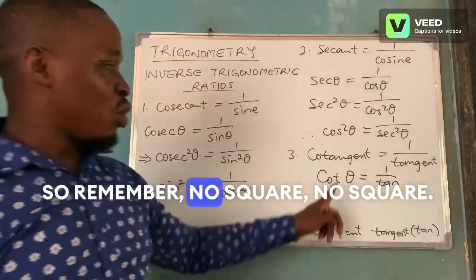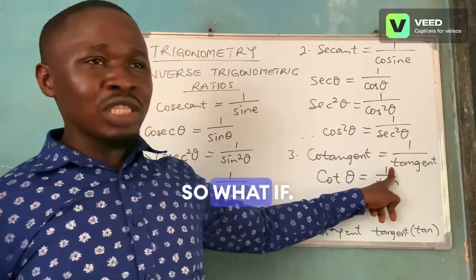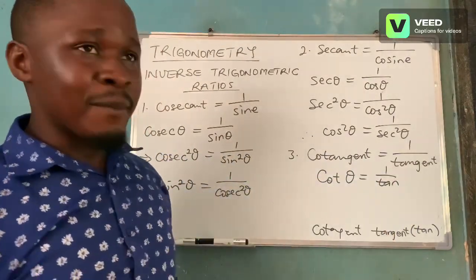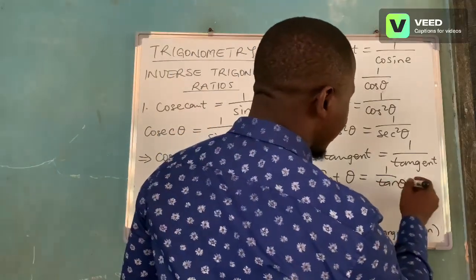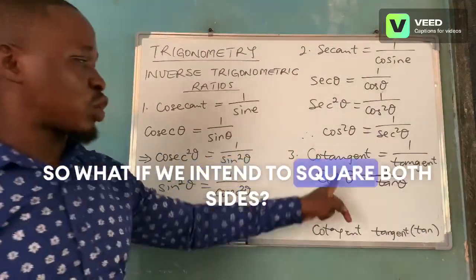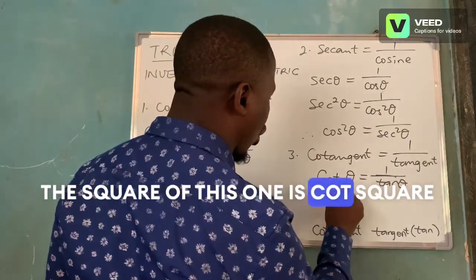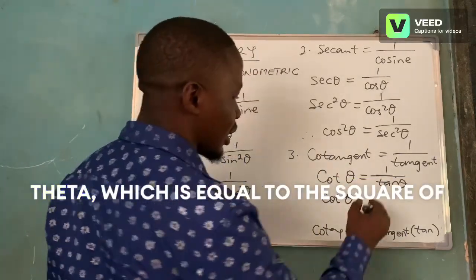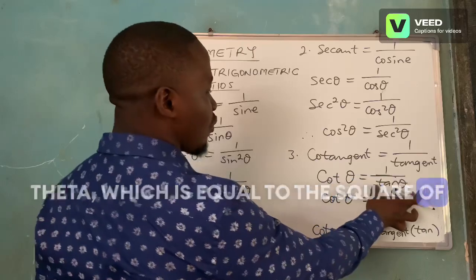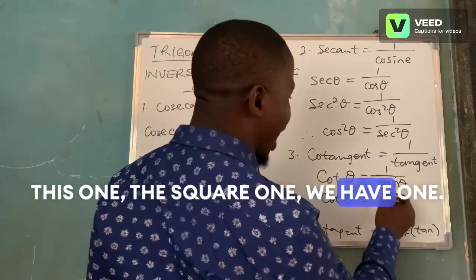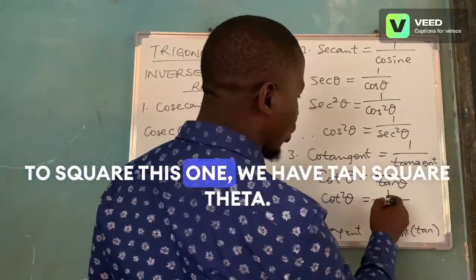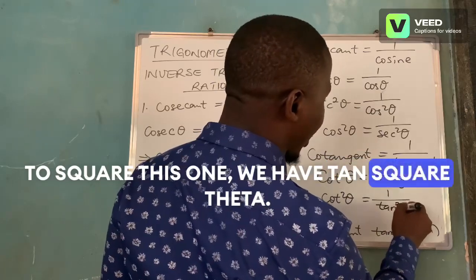So remember, no square, no square. So what if we intend to square both sides? The square of cot theta is cot square theta, which is equal to the square of the other side. The square of 1 we have 1. The square of tan theta we have tan square theta.